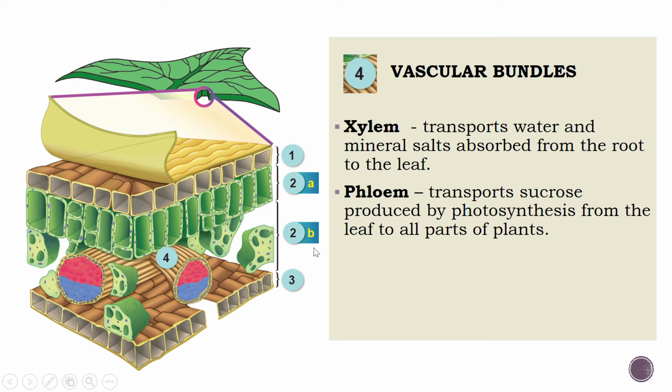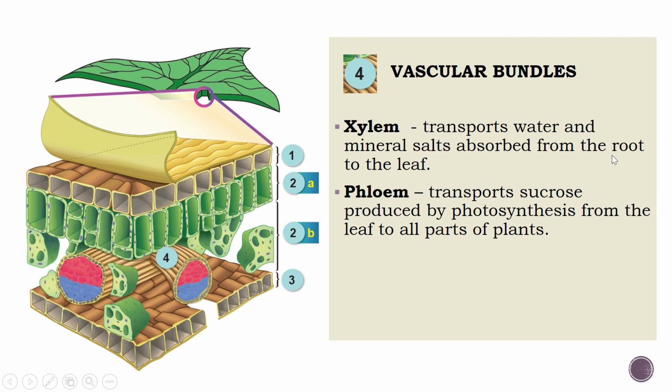Okay, number 4. This is the one. Vascular bundle. Vascular from the word vessels. So, these vascular bundles consist of xylem and also phloem. Jadi ini batang ini macam satu pipe ini. So, it serves in terms of transportation. But berbeza bahagiannya. Dekat atas ini, this is the xylem, which will transport water. Don't forget to mention also dissolved mineral salts.